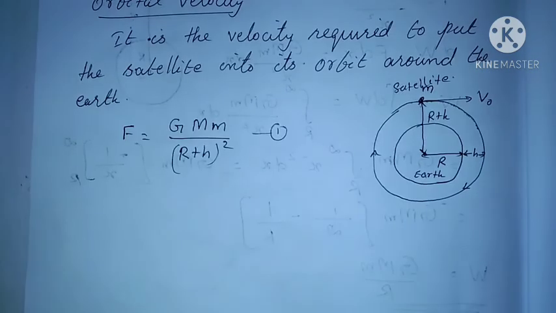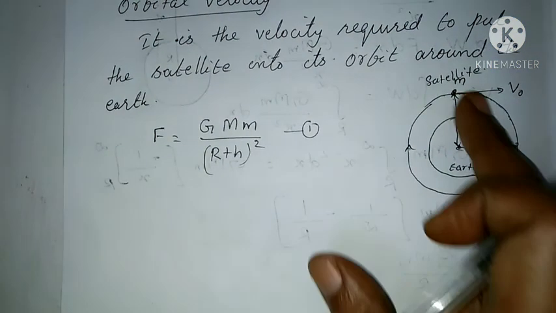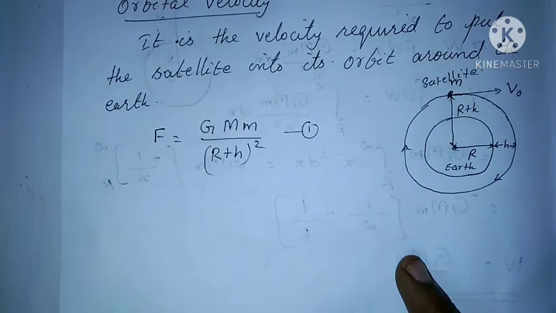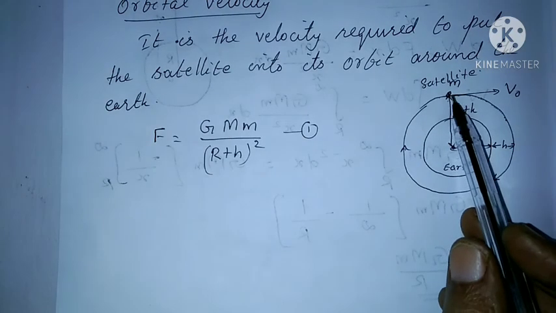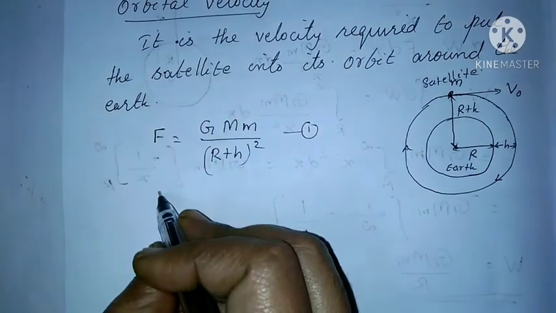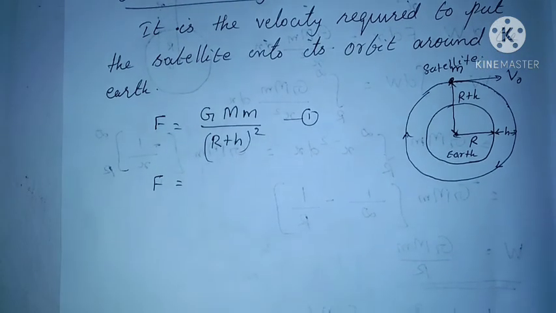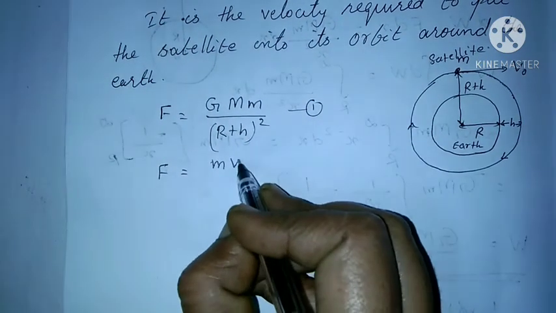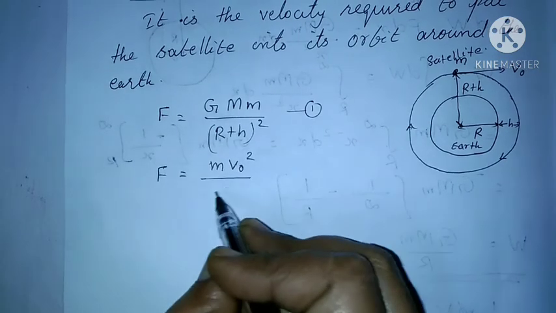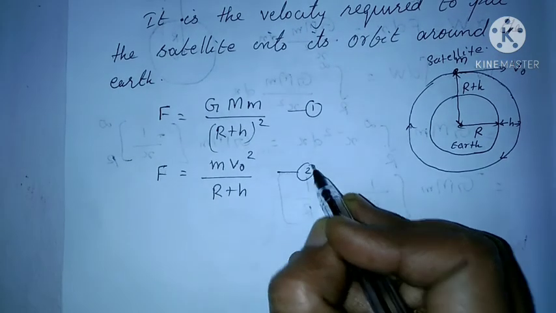Then the centripetal force: the satellite is revolving around the Earth in a circular orbit, so the centripetal force required to keep it in its orbit is F equal to m v square by r. So here it is m v0 square divided by R plus h, that is equation number 2.